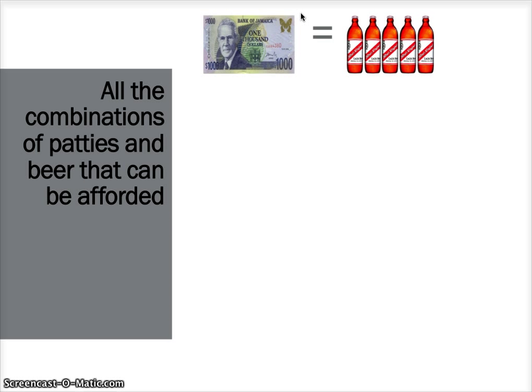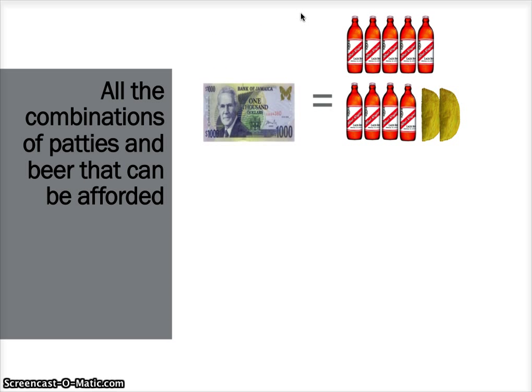So they have $200 left over. This remaining $200 could be used to buy patties. Since the price of a patty is $100, it means that the consumer could consume 4 beers and 2 patties.